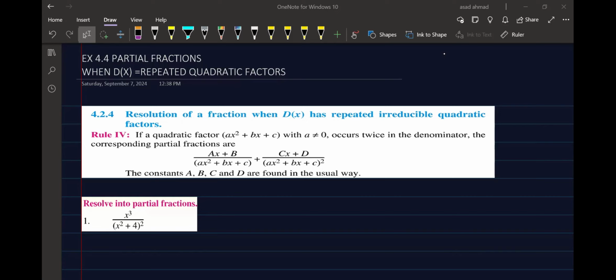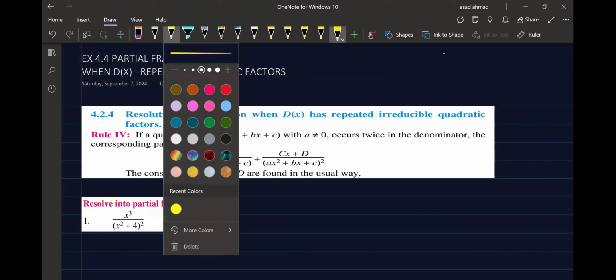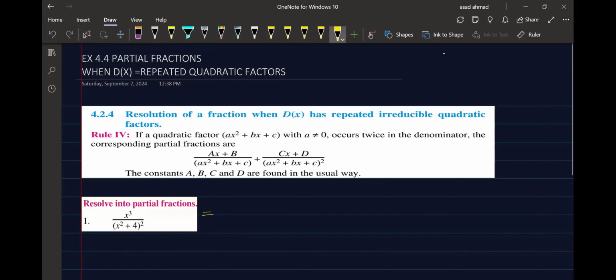So we can start from question number 1, in which the denominator has x raised to power 2 plus 4 and its higher power is 2.